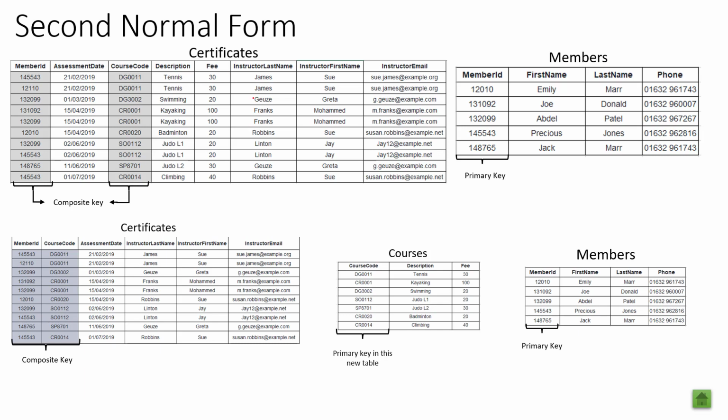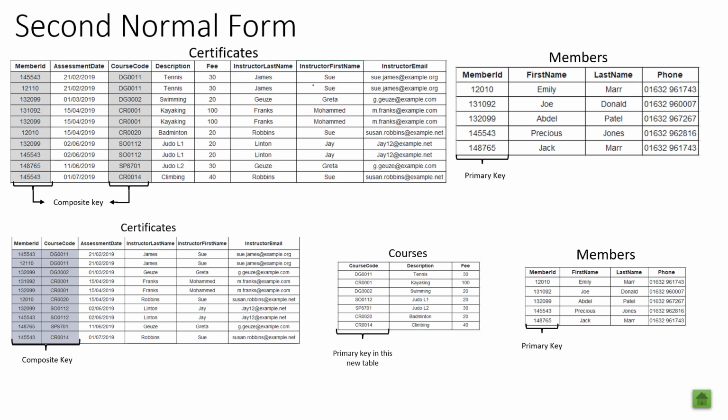So now let's consider the instructor last name. So this is dependent on the whole composite key. It's the surname of the instructor who assessed a specific member for a specific award. So the instructor first name and the instructor email can also be treated in the same way.